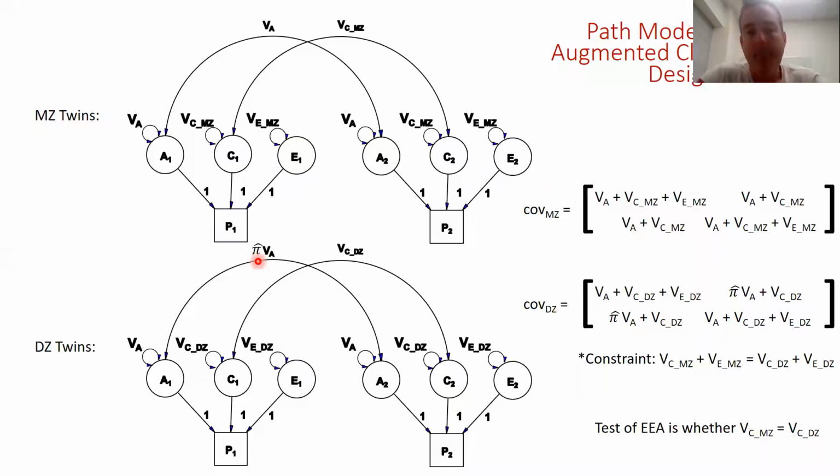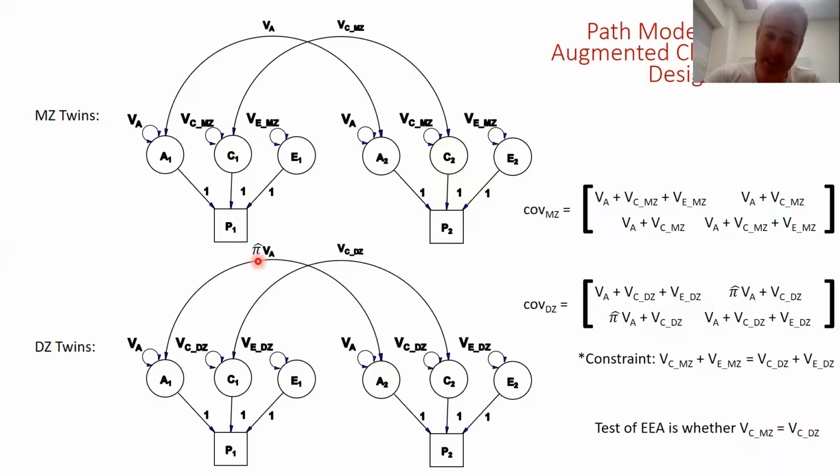Pi hat varies between 0 and 1. If pi hat is 1, that's basically saying that the DZ pair is genetically identical right across the genome. If pi hat is 0, then it means that the DZ twin pair is unrelated.